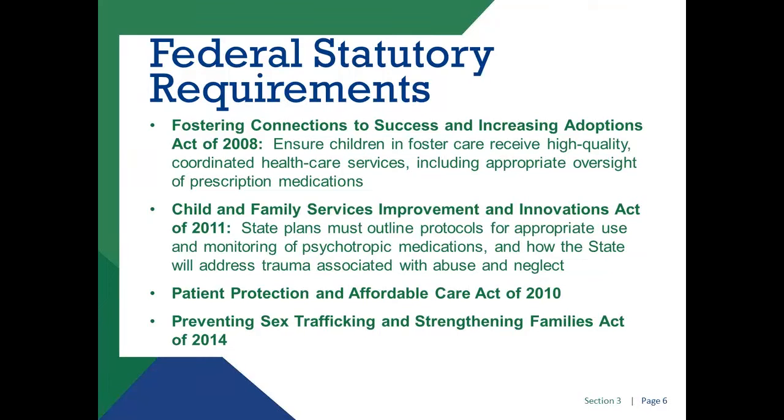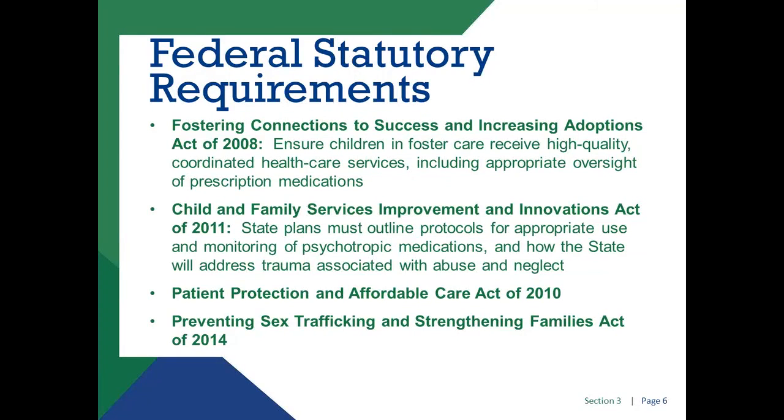And I'll take a little more time in a minute to talk about its potential impact. And then finally, I want to address the several provisions of the Preventing Sex Trafficking and Strengthening Families Act of 2014, which actually also has several provisions that relate directly to health.